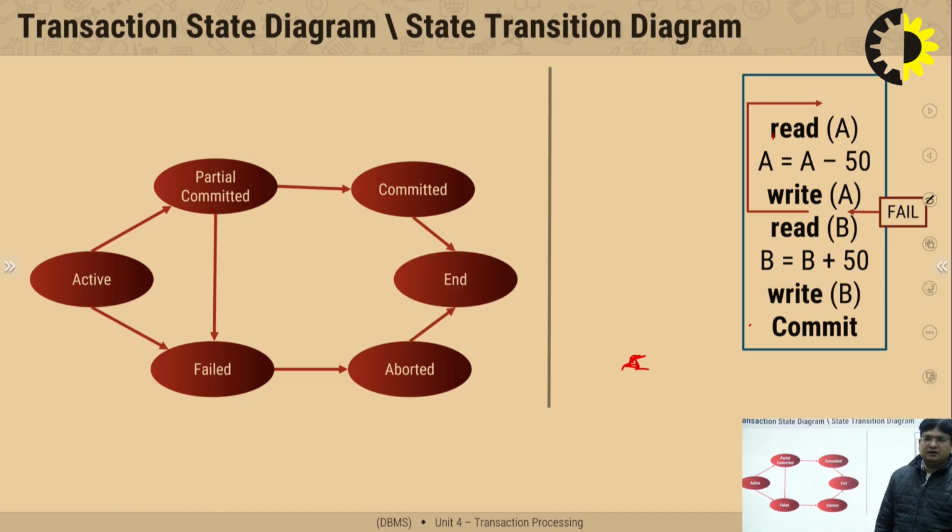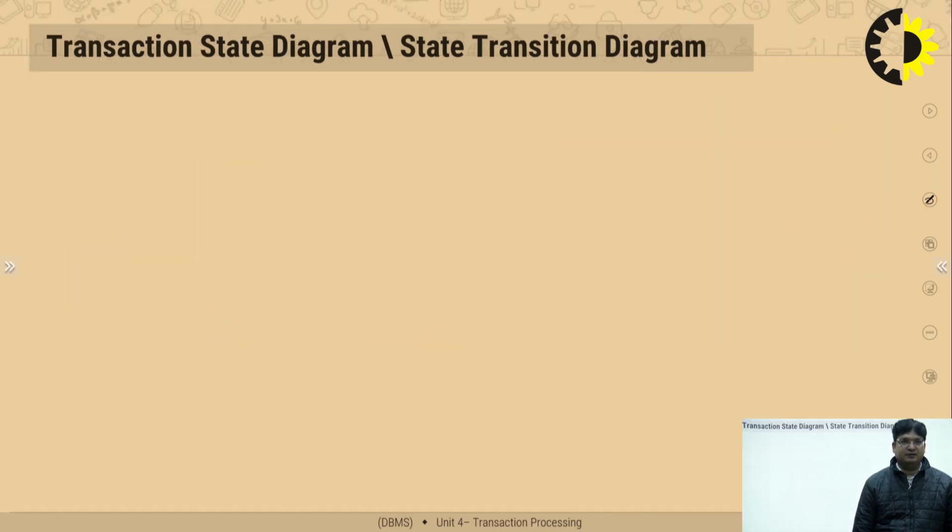Anyway, the transaction will end in two ways, either it is committing or it is aborting, only there shall be two ways. The transaction will end either successfully or unsuccessfully. If it is successful, then it is committed state, and if it is not successful, then it is aborted state.